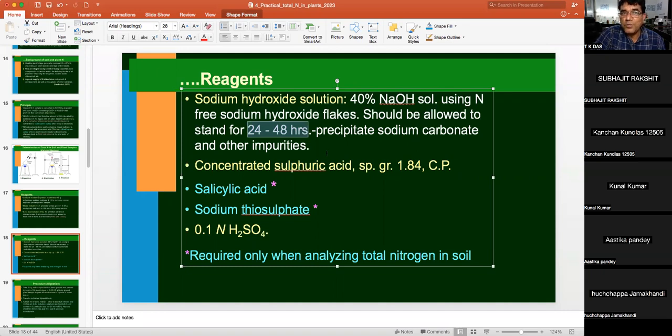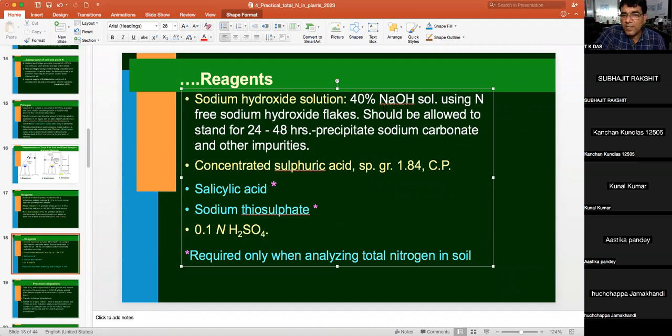You cannot use freshly prepared sodium hydroxide solution, otherwise you will be in trouble. It releases a very high quantity of heat. So you need to keep the solution for 24 to 48 hours to cool down. You need to prepare it at least 1 to 2 days in advance.